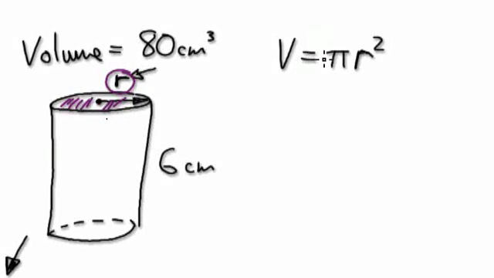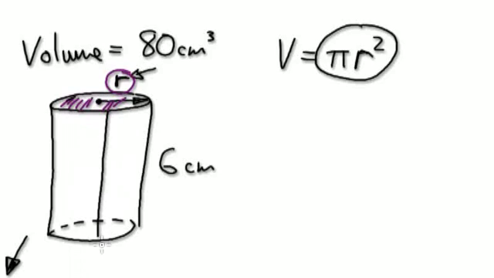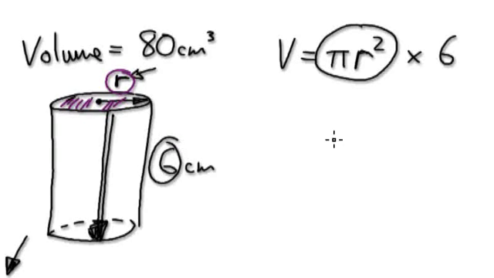Now, we're not done yet, because this is just the area of the face, and then we've got to drag it all the way down to sweep through the whole volume. So we've got to times it by 6, because when you sweep it down here, the length is 6.